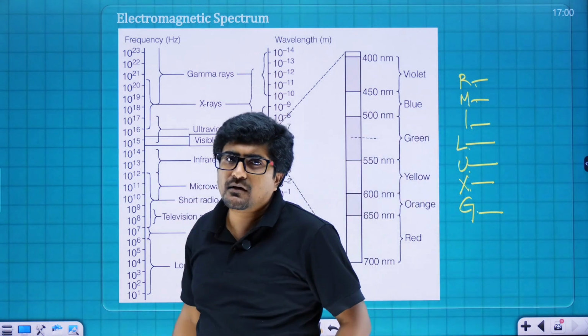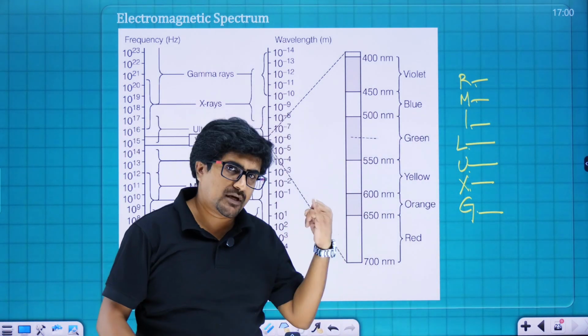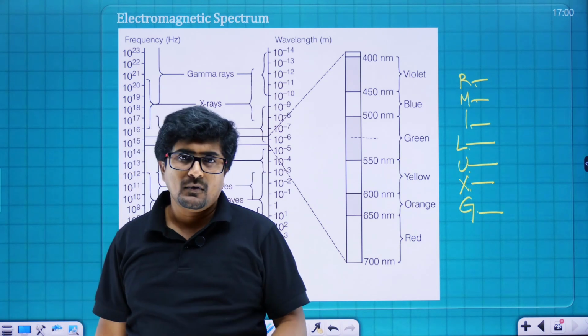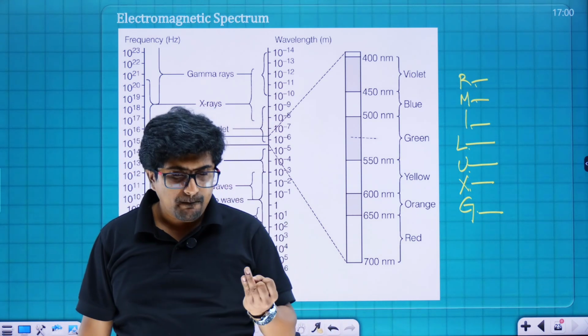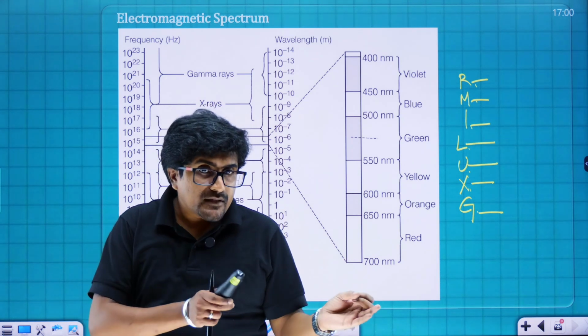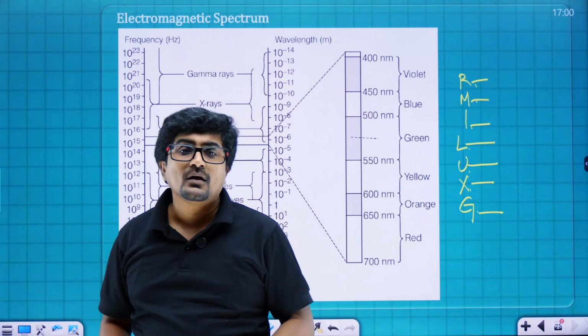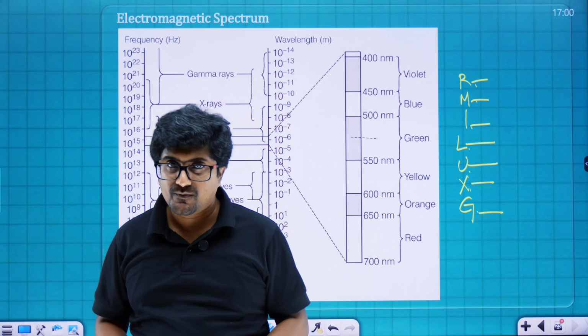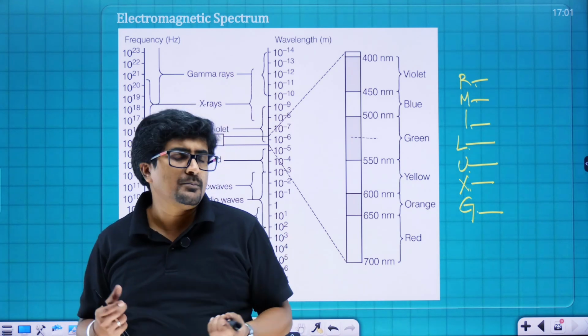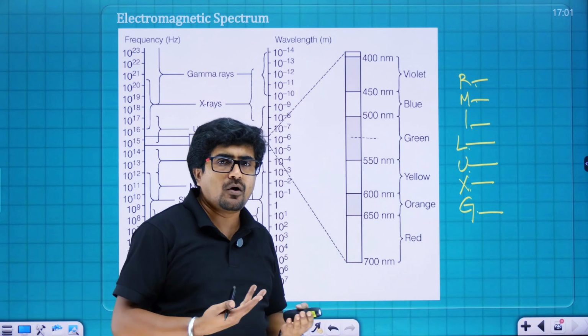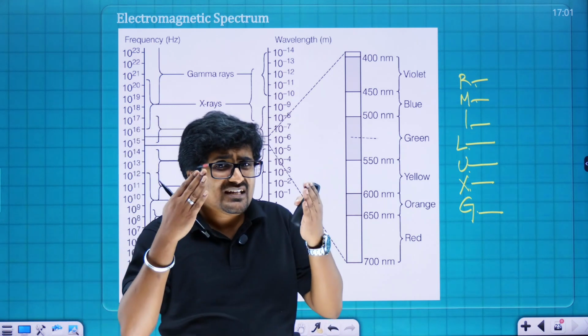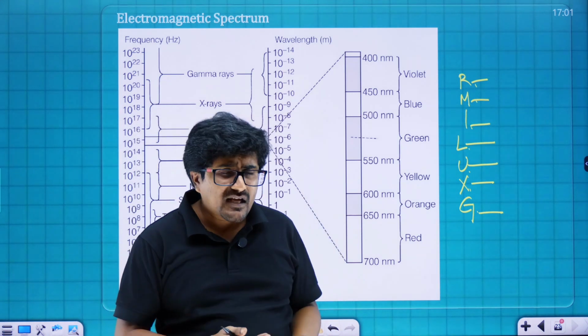Basically, what you must learn out of here is, first, how these rays are being produced or generated. Second, what their wavelength range or frequency range is. Next one is their uses. This is a very important thing. Questions are either match the following type or MCQ type, and this is the category we can classify it into.